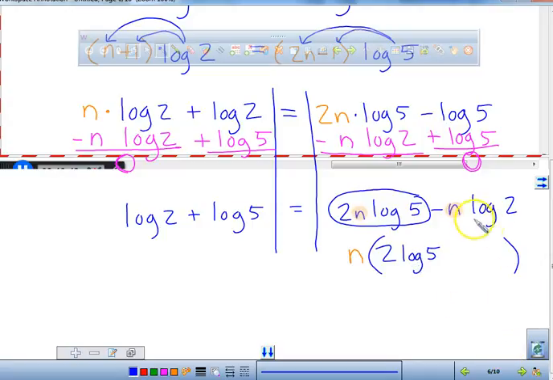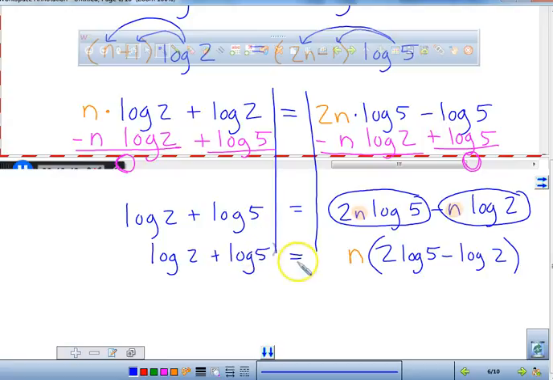Okay? When I factor it out of this expression, I have a minus a log of 2. When I factor it out, I'm just left with a log of 2. And what is that all equal to? Yes, technically it's equal to a 1, but it's equal to the log of 2 plus the log of 5.